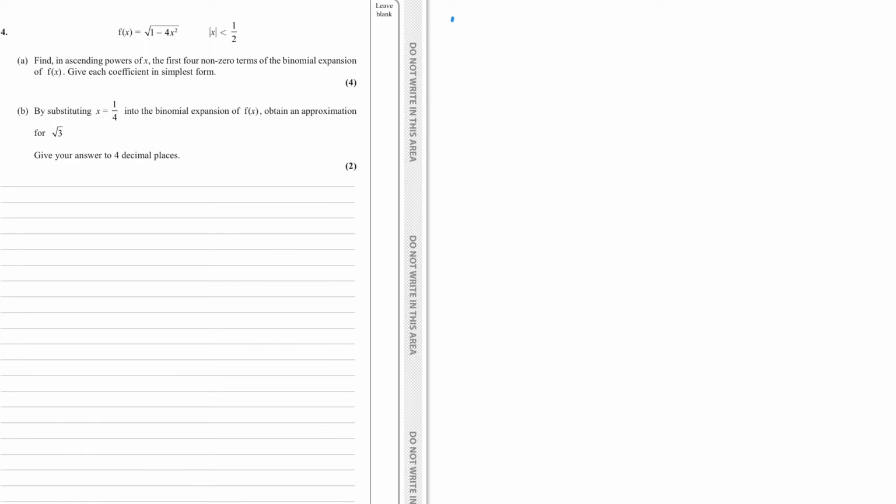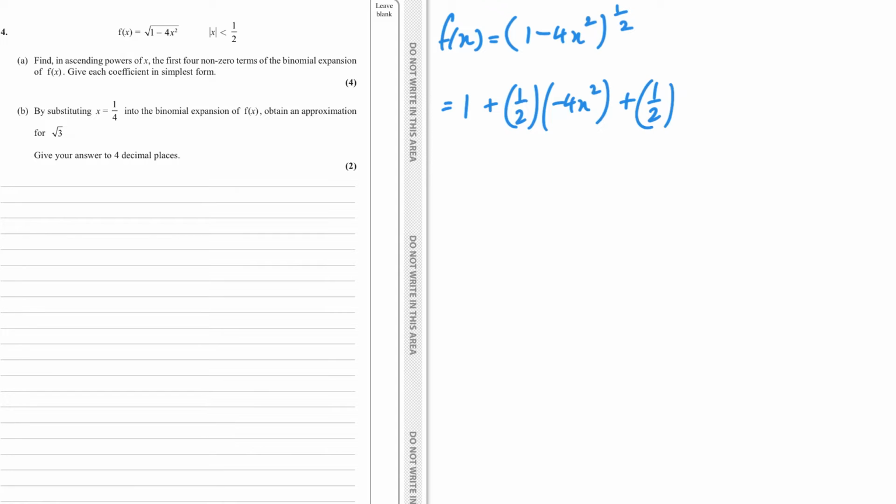So first let's think about writing our f of x as 1 minus 4x squared to the power a half, and since we have a 1, it should be nice and easy, the expansion. So we're going to get 1 plus a half times minus 4x squared, plus, now we've got a half times a half minus 1 times minus 4x squared squared, and that's over 2 factorial.